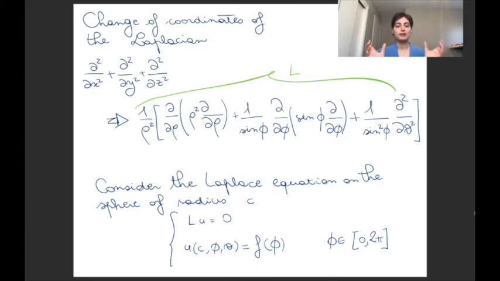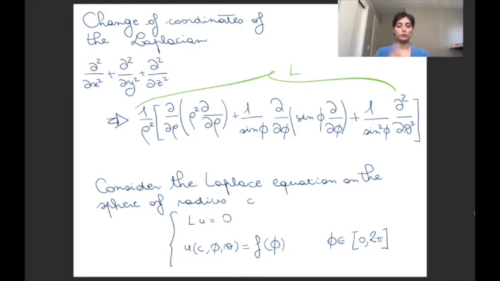If you notice, it's still a linear operator. All the pieces you have are all linear pieces. So we can write this operator as L and just say that applied to U is LU. So we're going to consider the Laplace equation on the sphere of radius C as LU equal to 0, and we want some boundary condition at the boundary of the sphere.